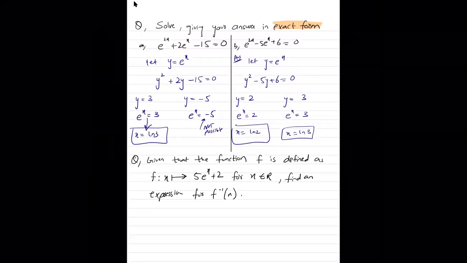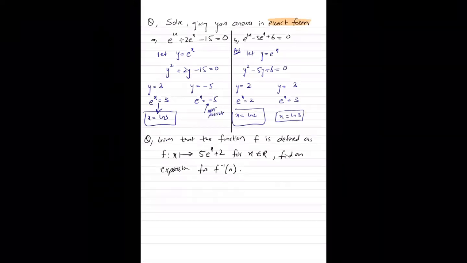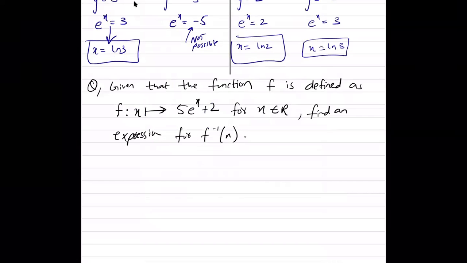Okay, all right, let me help you. The first step is that you replace f of x. See, f of x is 5e to the power of x plus 2. So you replace f of x with y. Then you need to make x the subject.